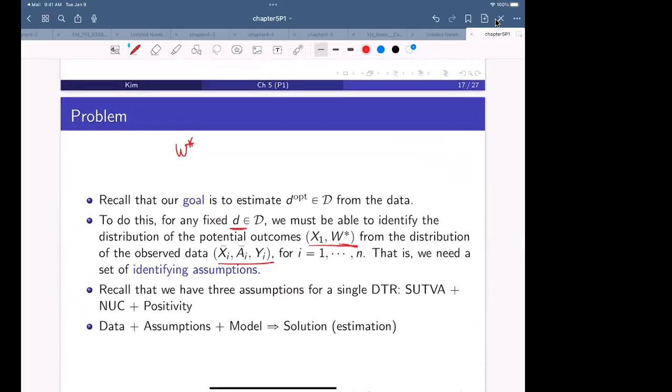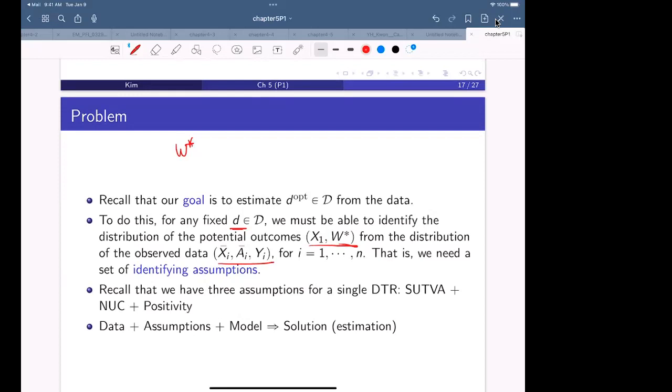At least for K equal 1, we already know how to do that. That's the main content of chapter 3: the three assumptions, SUTVA, NUC, and the positivity assumption. These three assumptions are identification assumptions. What do we mean by identification?